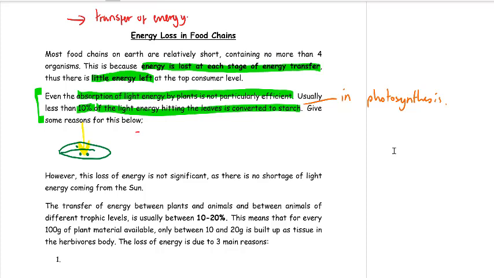Some of the reasons are that it misses the chloroplasts altogether. Some of the energy even reflects off the leaves, and some of the light passes through the leaf.